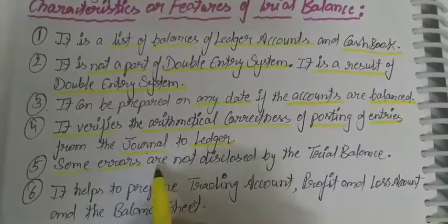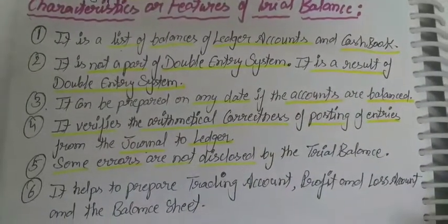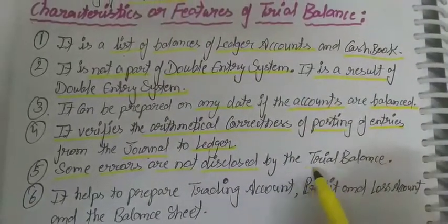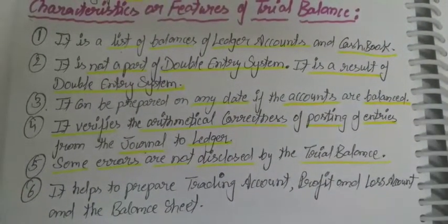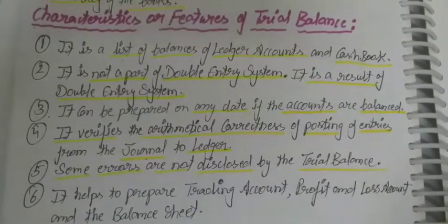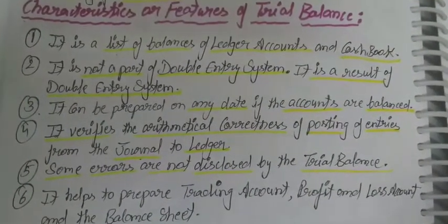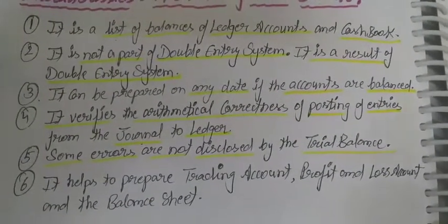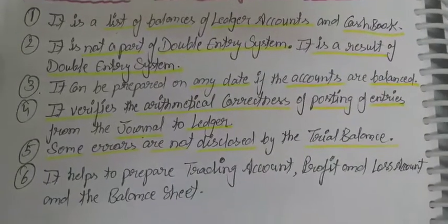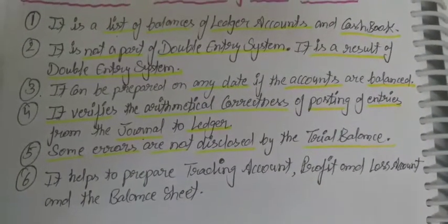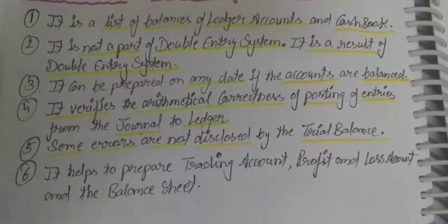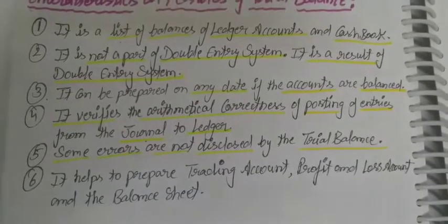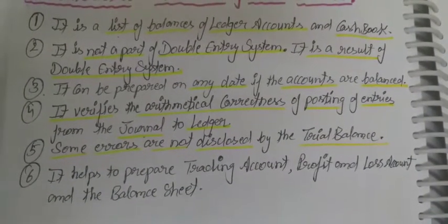Some errors are not disclosed by the trial balance. For example, if the transaction is recorded as wages account debit to cash, but in place of wages we have actually paid for the machinery, the account balance is correct, but the name of the account is incorrect.